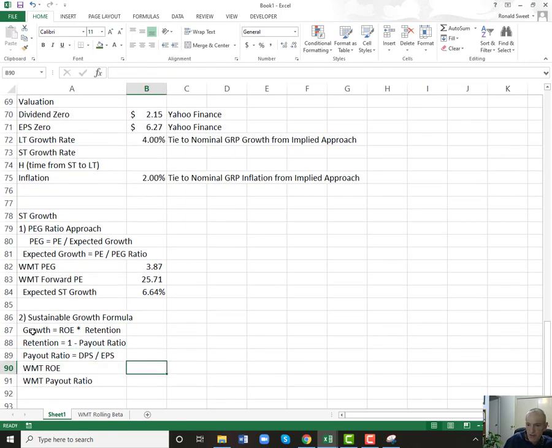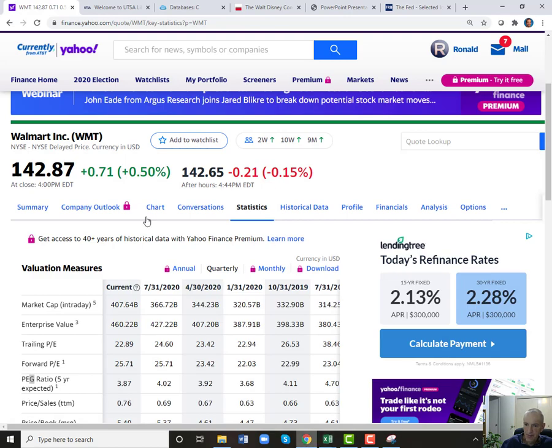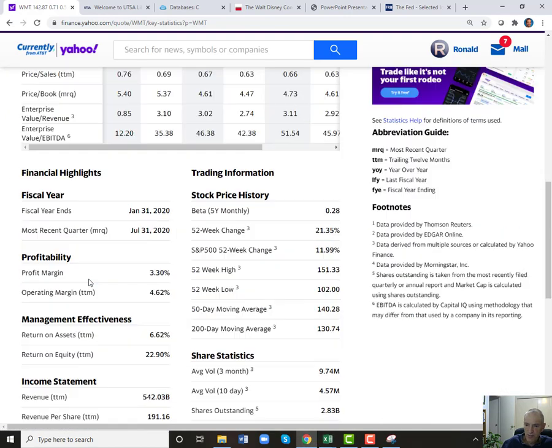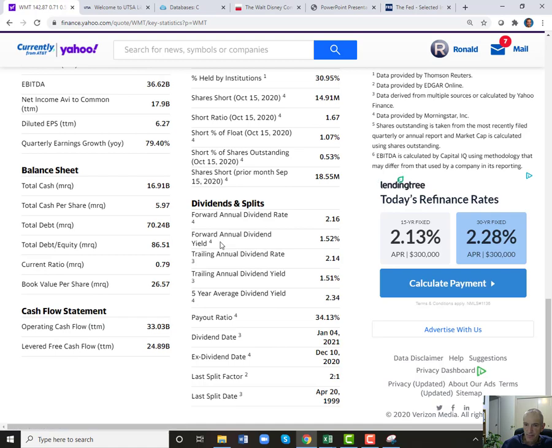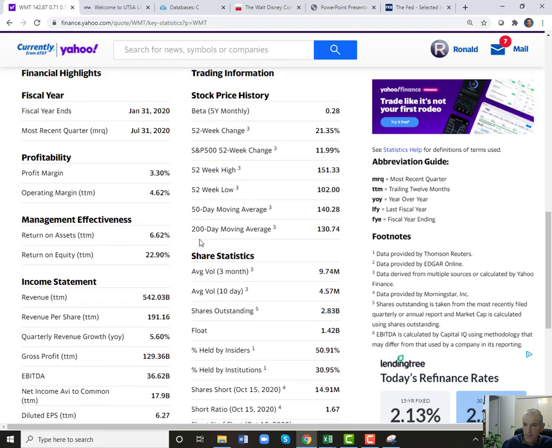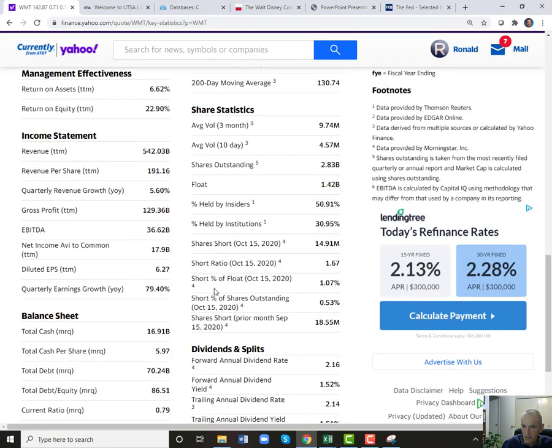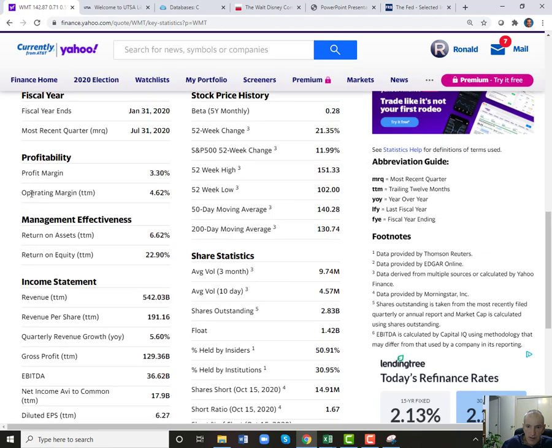So Walmart's ROE, very easy to pick that up. It's on the same historical statistical page. Come back here. It's under share statistic, I believe. Maybe not. Boy, they keep moving it. There it is. Return on equity. It's just right there.